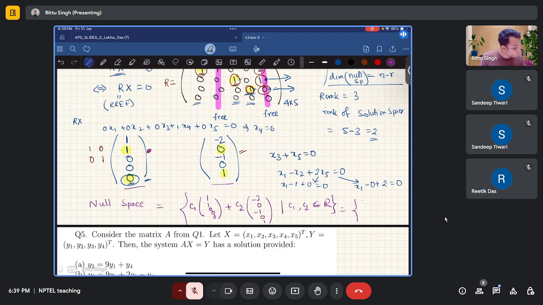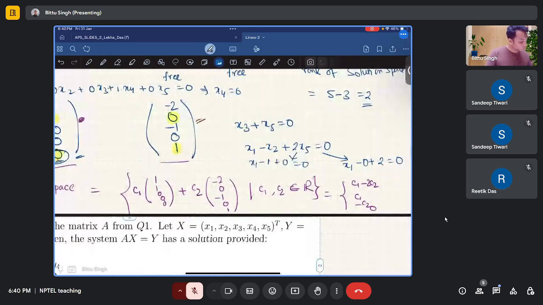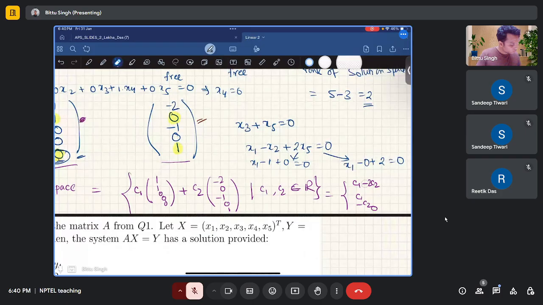So any solution will look like c1 minus 2c2. Then the second one will be c1 plus 0c2. Then 0c1 minus c2. And again 0c1, so it will be 0. And the last entry will be c2. Oh, I don't have space.